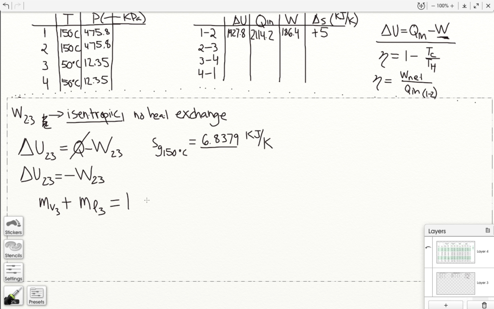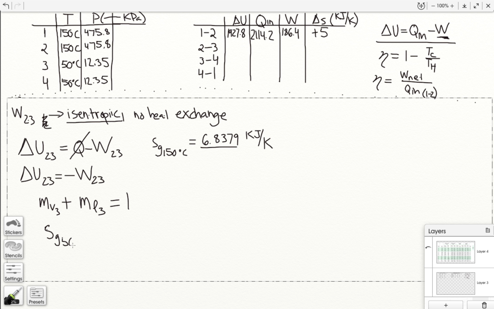We start off with 1 kilogram of water, and this needs to be conserved throughout this entire process. Now I also know that, so at state 3, my mixture has to be at 50 degrees Celsius. And so another equation that we can use, I also know that the total entropy at state 3 also has to equal to the entropy it was at state 2. So my second equation is going to look like this.